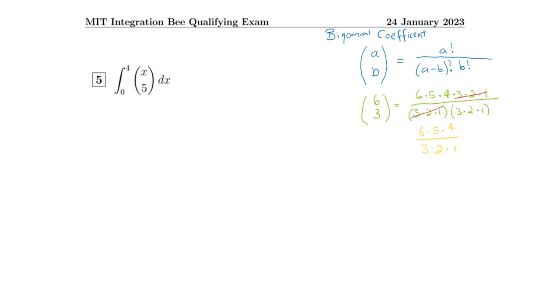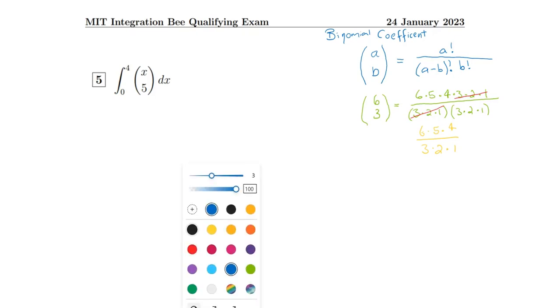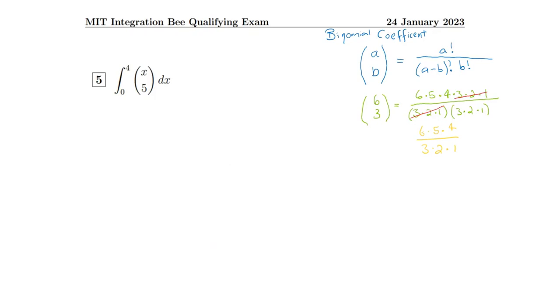So if we look at our integral, we can expand x choose 5. This is going to equal, on the top, x factorial, so we'll start writing some terms.